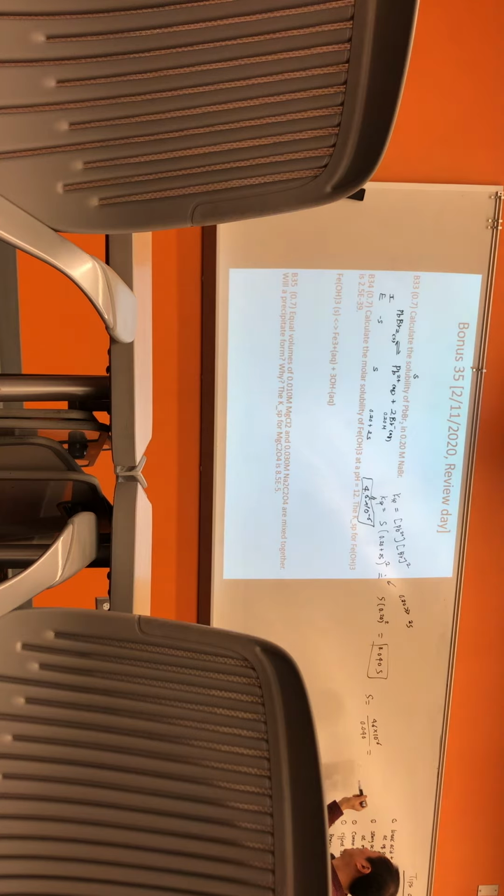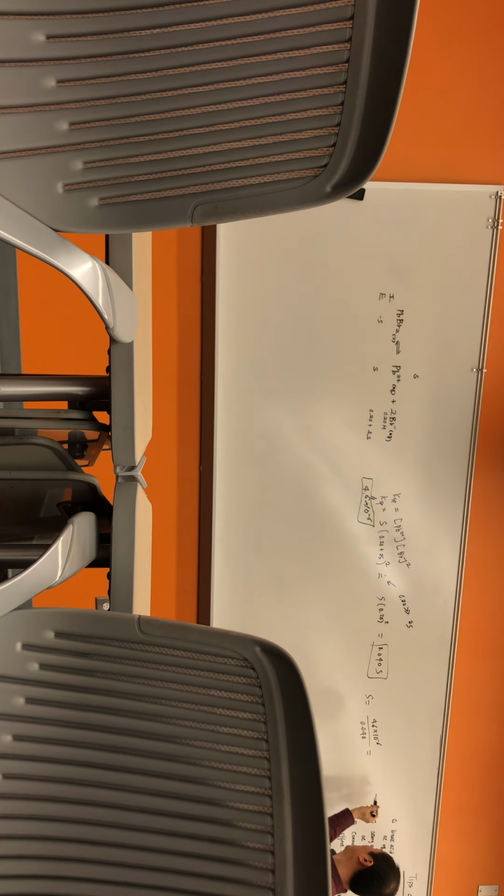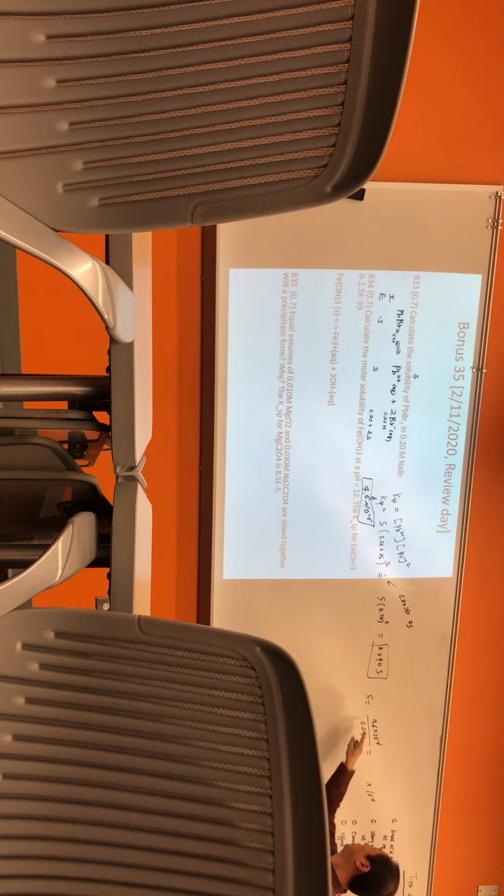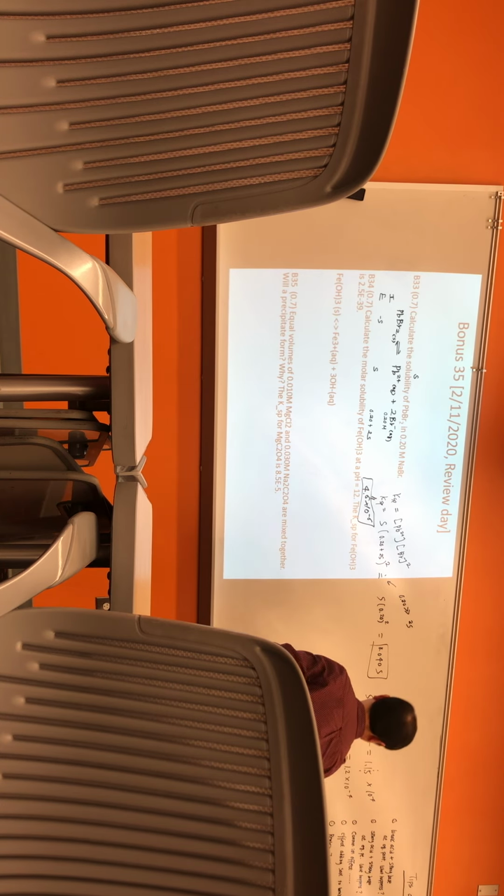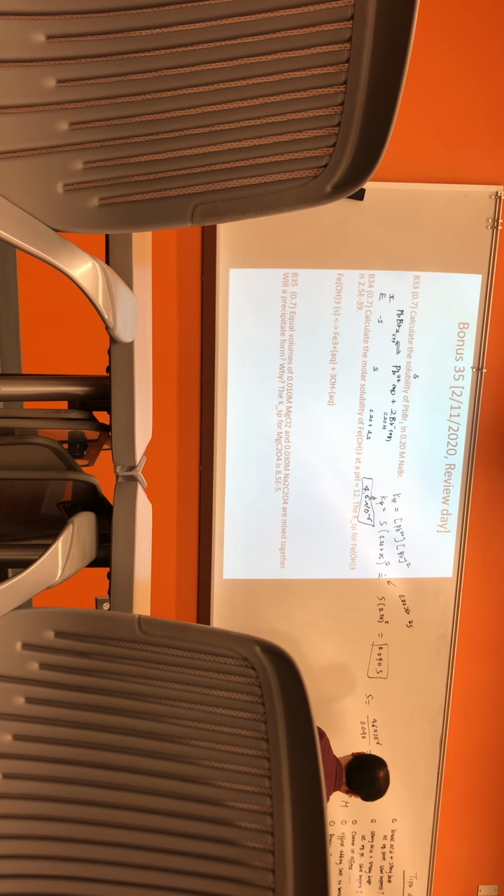That will be 10 to the minus 4, and 4.6 divided by 4 will be 1.15. For 2 sig figs, round to 1.2 times 10 to the minus 4. That's my solubility, which means concentration.